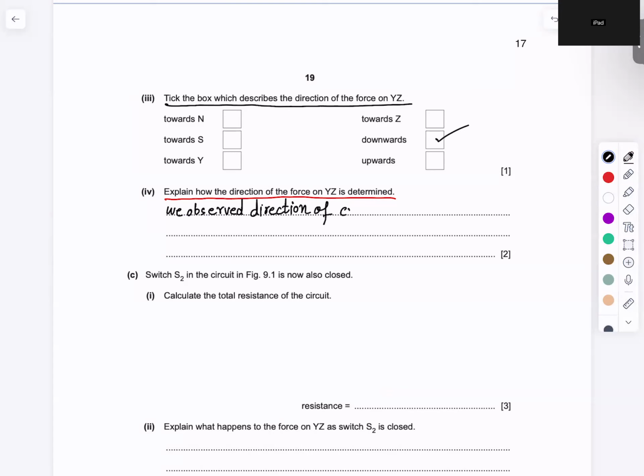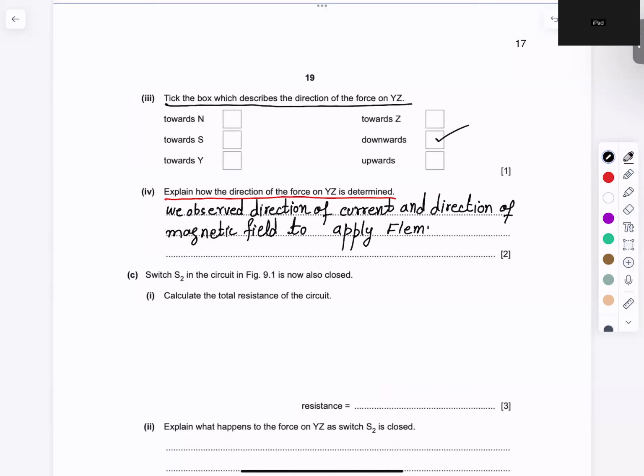So we observed the direction of current and direction of magnetic field, and then we applied Fleming's left hand rule.